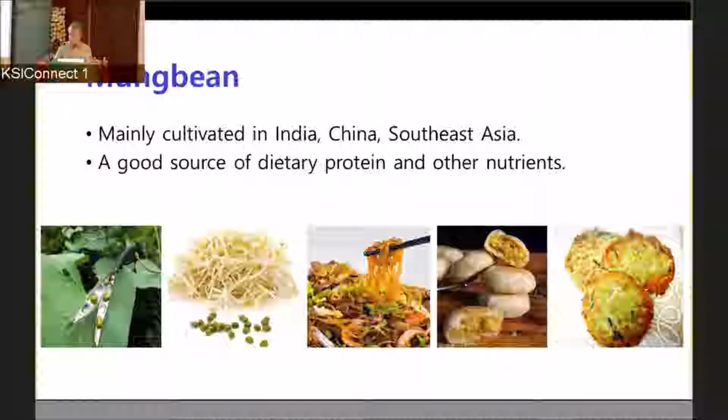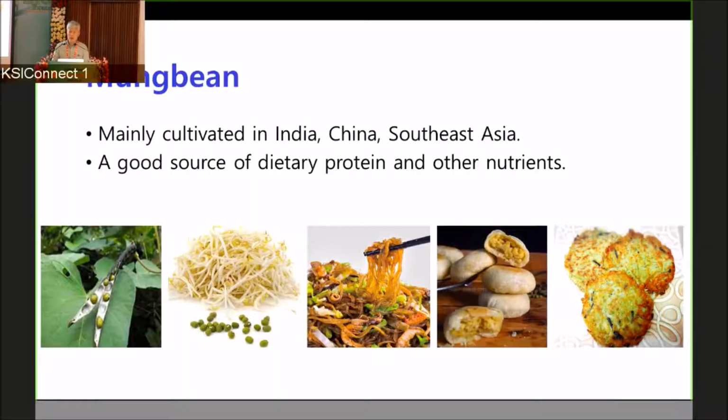As you see here in these slides, mungbean can be used for producing mungbean sprout, mungbean noodle, and inside for dumpling and pancakes. In spite of importance of mungbean crops, the breeding program for the mungbean is less developed.